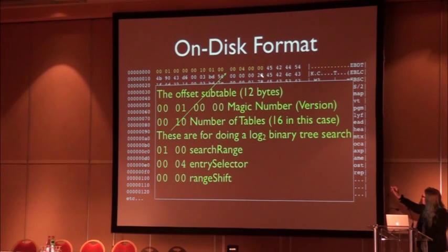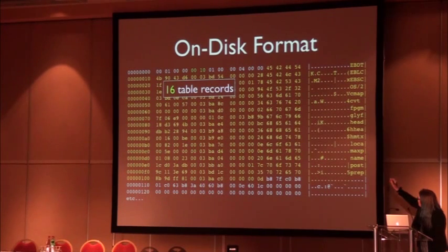There's a thing here for doing binary tree searches on it, but if you have more than a couple of kilobytes of memory, you probably don't really need that. I don't know if anyone actually uses that anymore, but anyways, this is the part that is interesting, I guess.